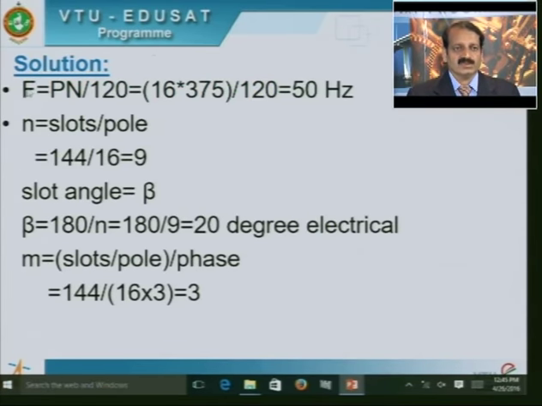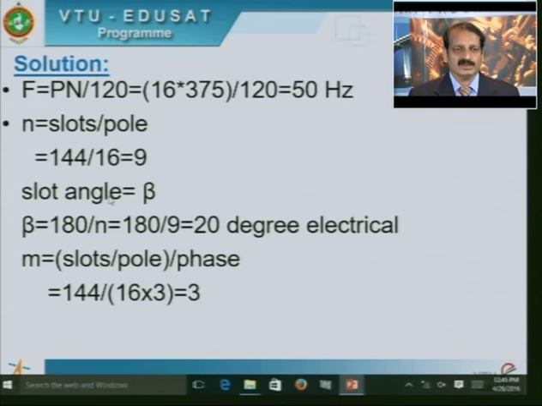So, let us first calculate frequency. Frequency is given by Pn by 120. So, P is 16, speed is 375, divided by 120, which will give us 50 hertz. N is equal to slots per pole. So, slots are 144, poles are 16. So, we will get N is equal to 9.